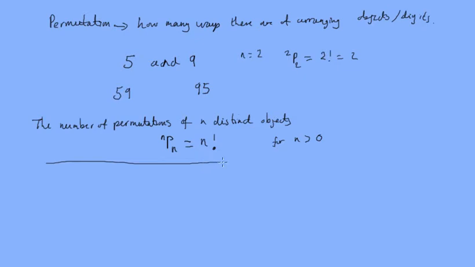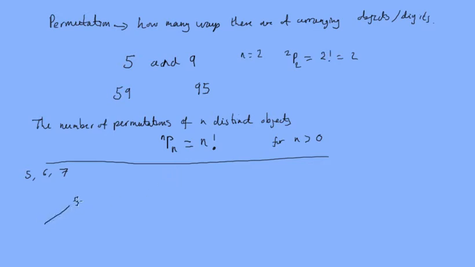Let's consider the digits 5, 6 and 7 and how many possible 3-digit numbers we can make from those. So you could just sit down and try and work through them. A way of doing that would be using a tree diagram.